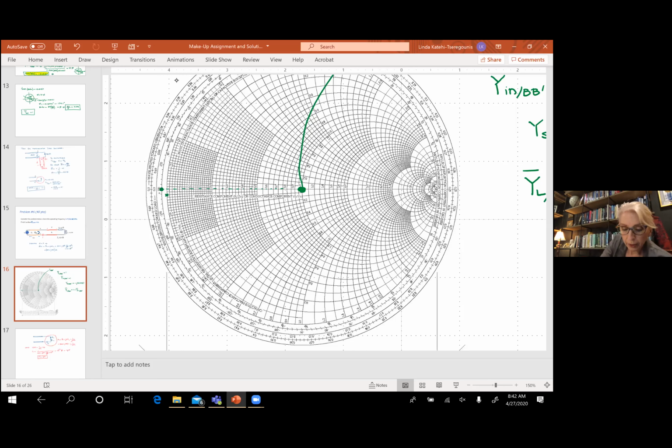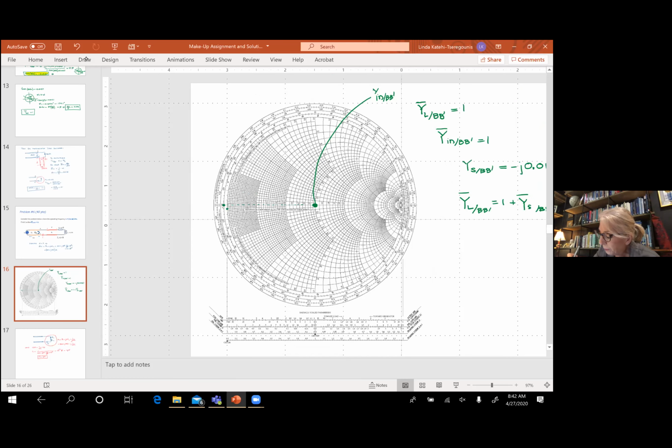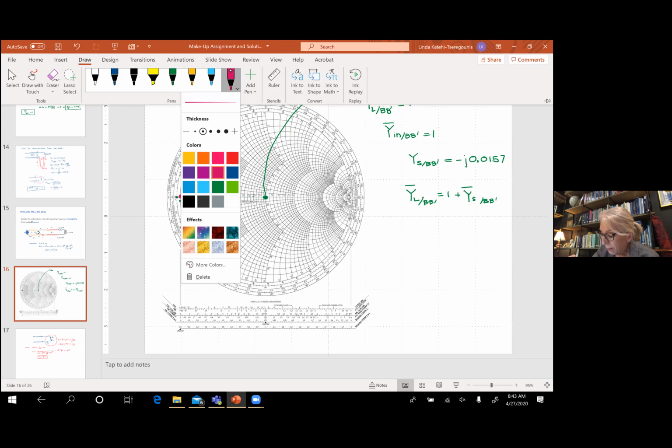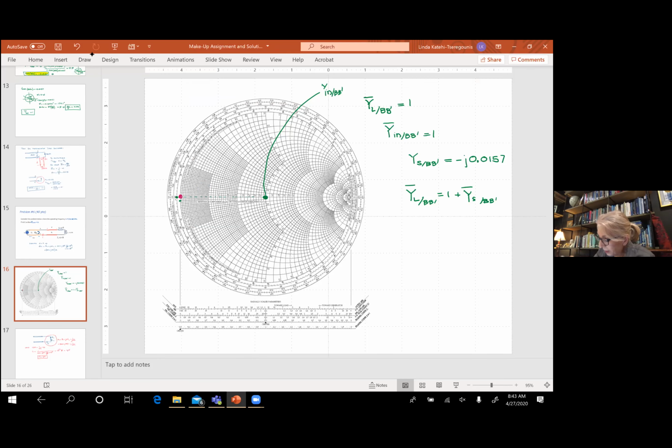So what I do in this particular case is I want to come back to this point on the Smith chart, somewhere here, because that gives me 0. So I move around the green point, and I move towards the direction of the generator.